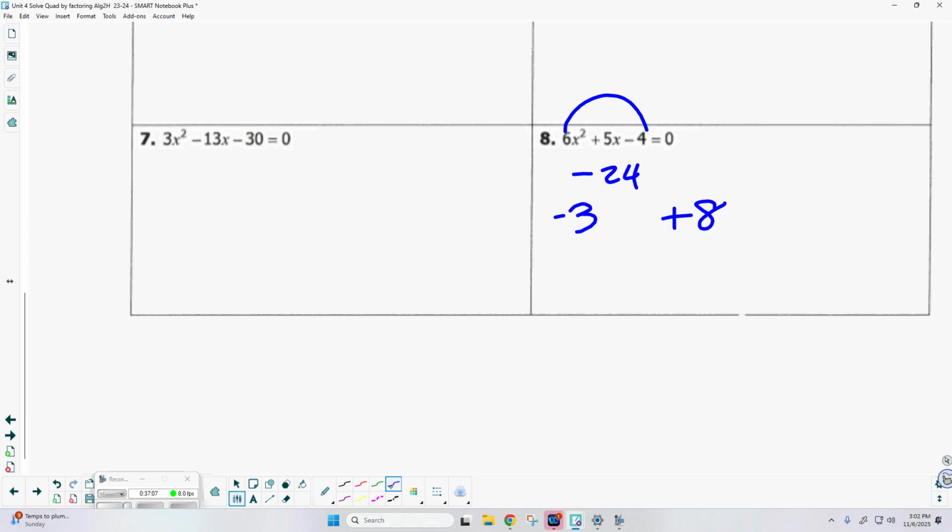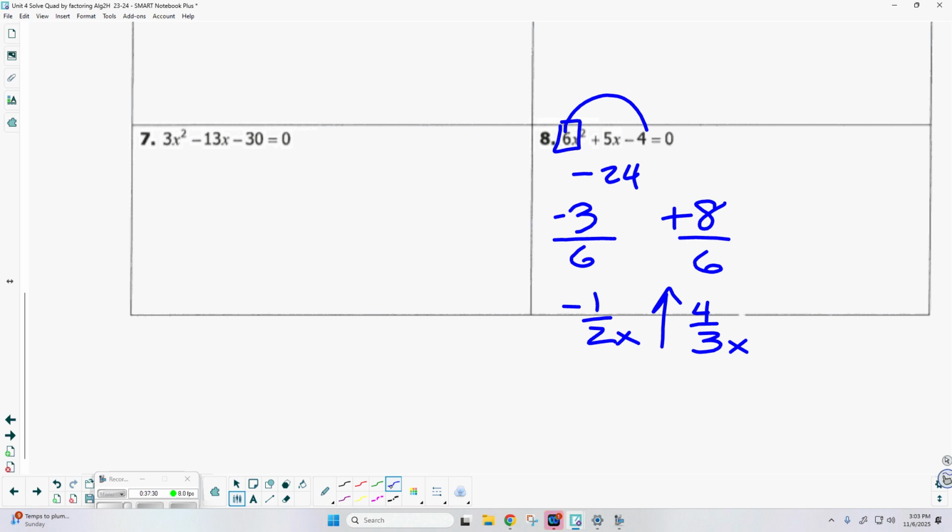So what do I divide by? 6. That's what starts it. -3/6 is a -1/2. 8/6 is 4/3. Now I'm ready to create my factored answer. I'm going to put x in each denominator, and I'm going to read it from the bottom up.